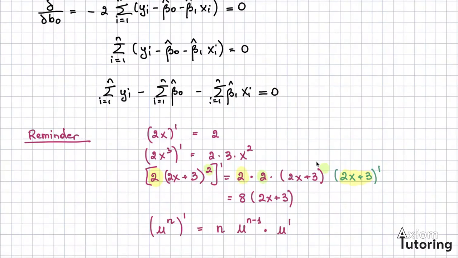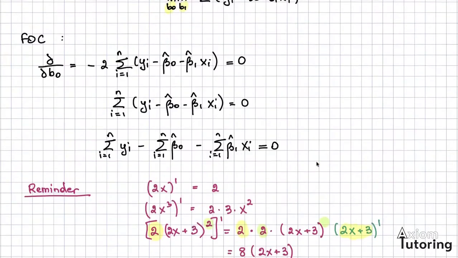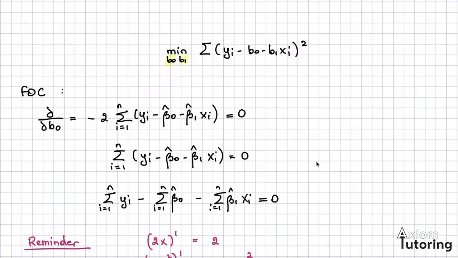Now, this formula is exactly the same one that is used for the first order conditions of the OLS. So that's why in here you will see the 2 that comes in front of the summation notation. It's the 2 that envelops basically the entire expression. You can think of this one as your expression u, okay?